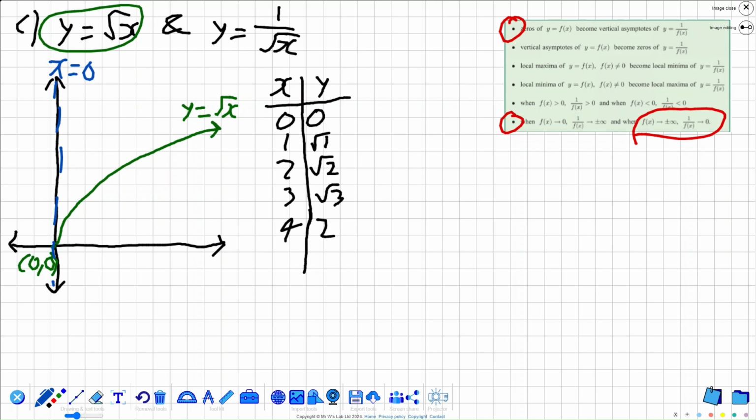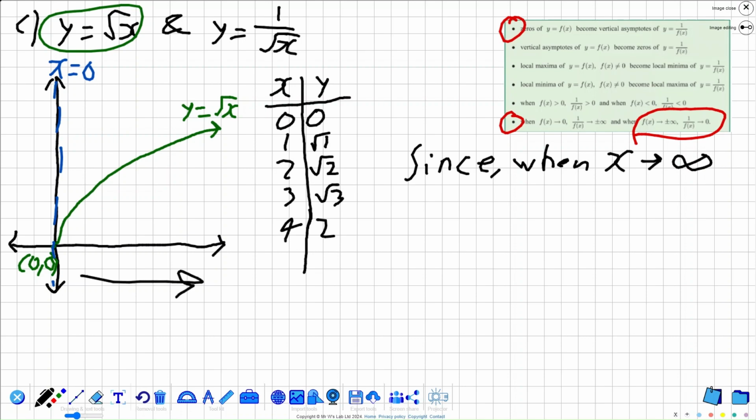And we also know that, since I might write this down, when x approaches infinity, so as x increases this way, it's pretty clear that root x also approaches infinity.